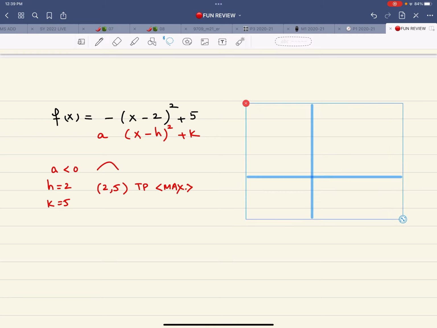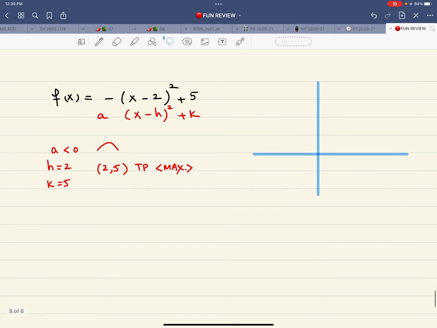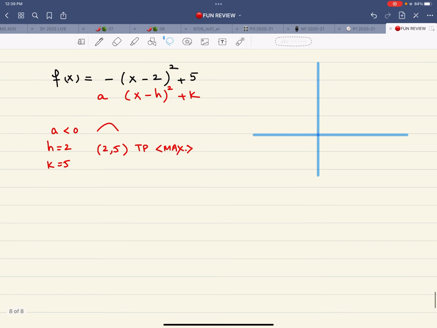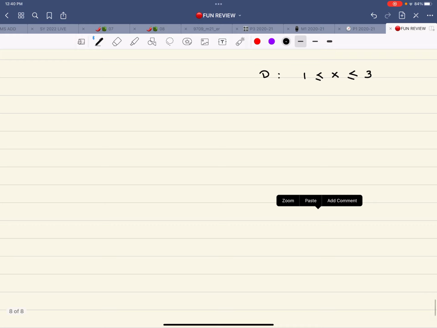So now if it's a maximum, let's draw the graph, but after the range. And this time I'm not calculating the value from before, I'll calculate it later. If my domain is x lies between 1 and 3, and let me draw another one.